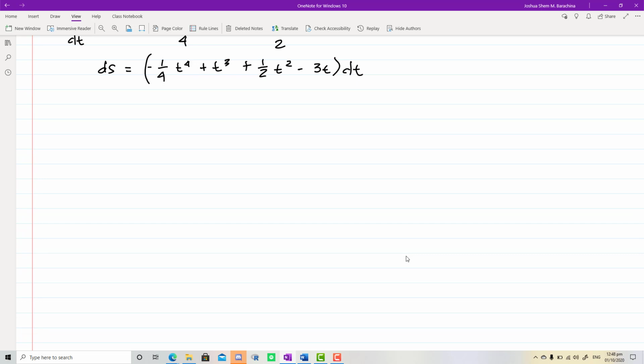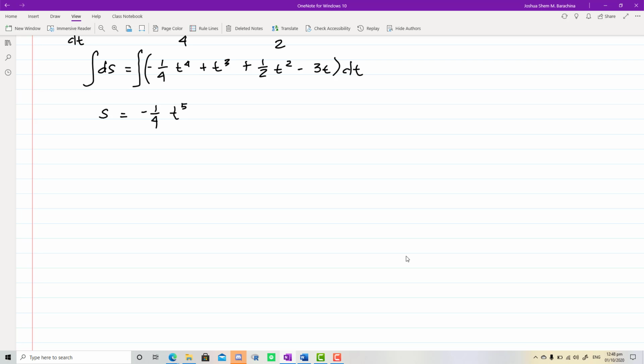So, taking the integral, indefinite integral tayo, this is equal to s equal to factor out the constant. This would be negative 1/4.